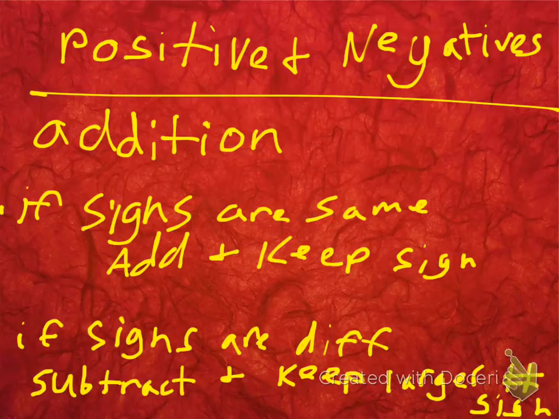Those are your 2 rules. If the signs are the same, you add and keep the sign. If the signs are different, you subtract and keep the larger number's sign. Give you a little bit of time to write that down.